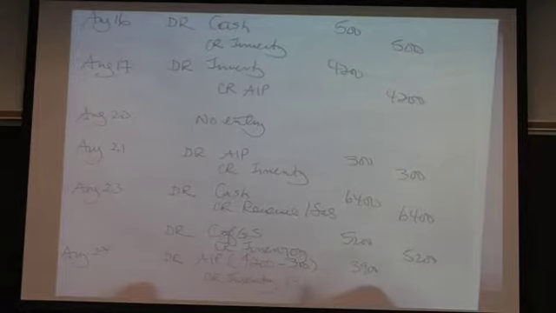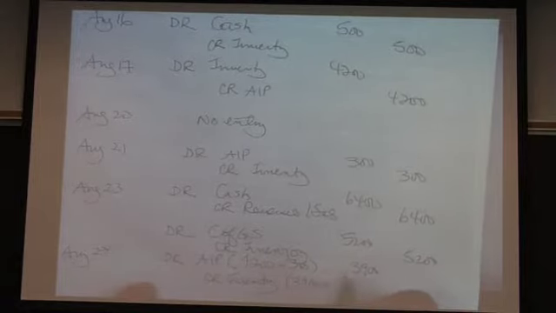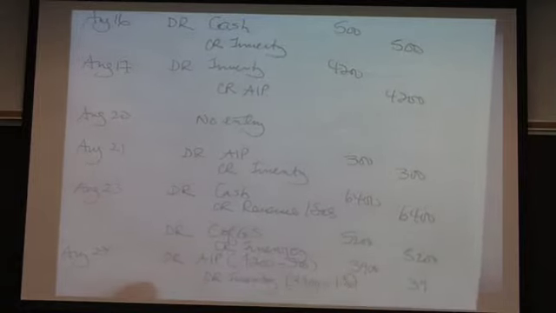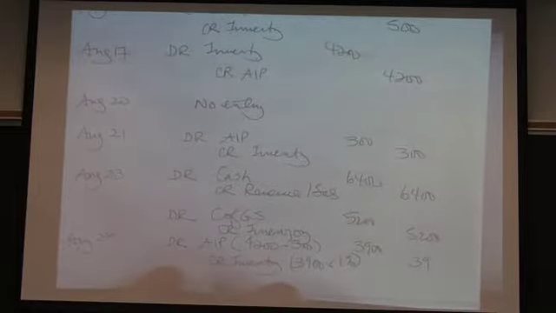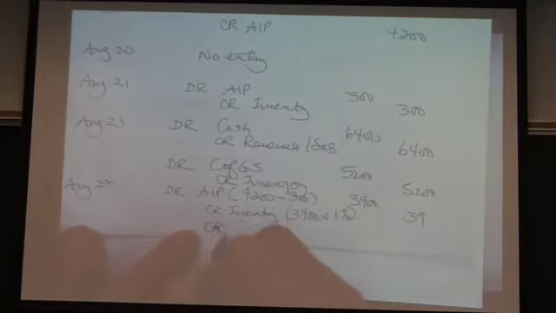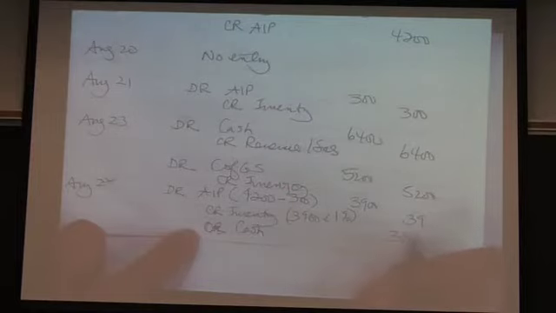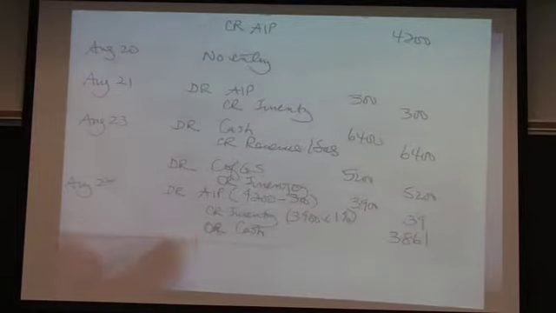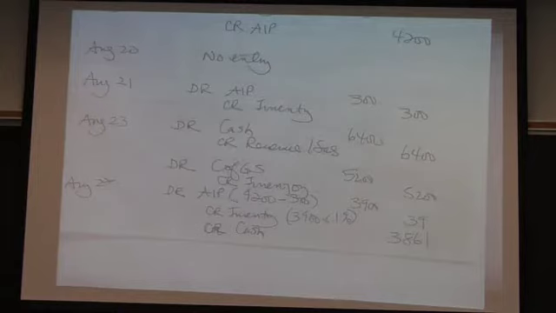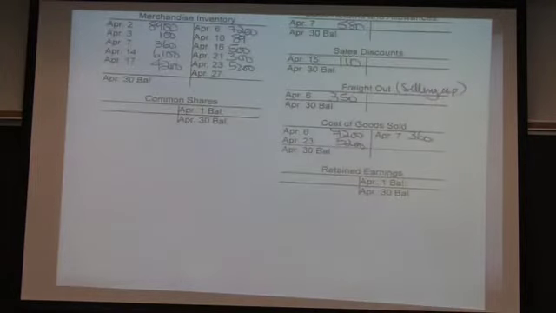That would be $3,900 times the 1%, which is $39. And that will allow us to calculate the amount of cash paid. And that would be the difference between these two, $38.61. So that's the journal entry on August the 27th.